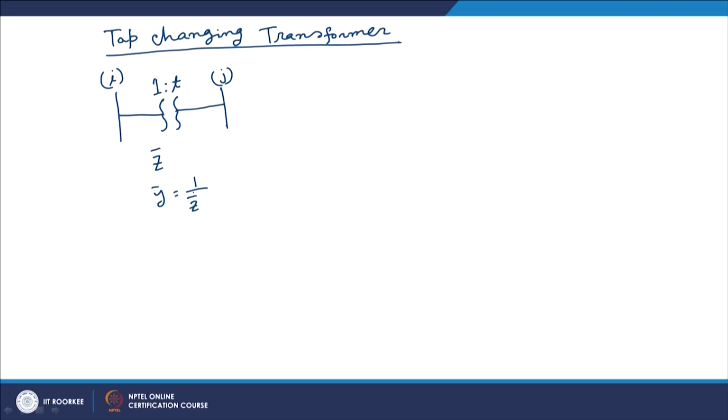Now we can draw the equivalent circuit of this transformer like this. I have bus i, then Y, this is bus j, and this has a transformer tap of 1:t.